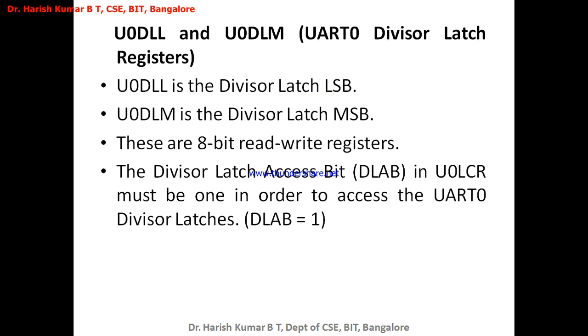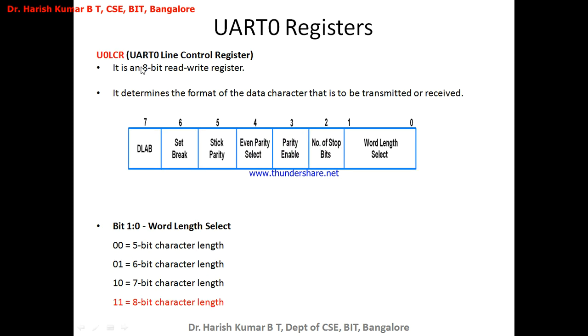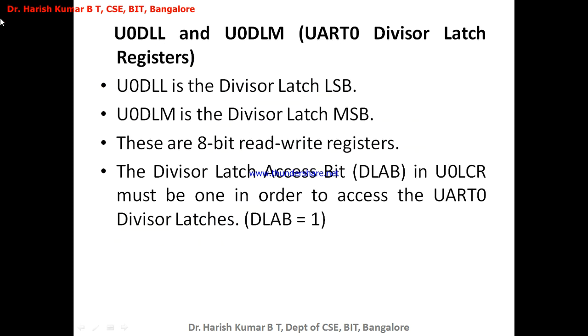Okay, next. Apart from that line control register, this is the line control register, we also have something called U0DLL. That is the divisor latch lower and the divisor latch most significant, divisor latch least and divisor latch most.